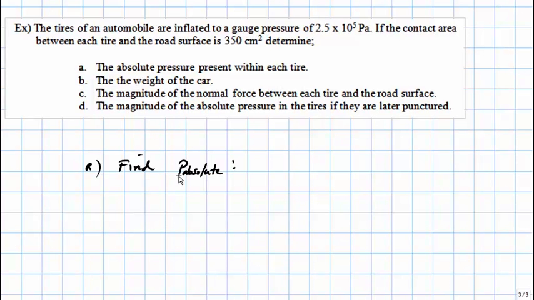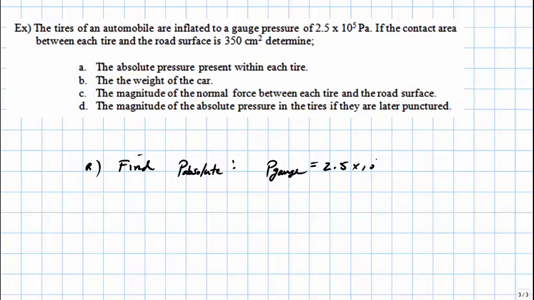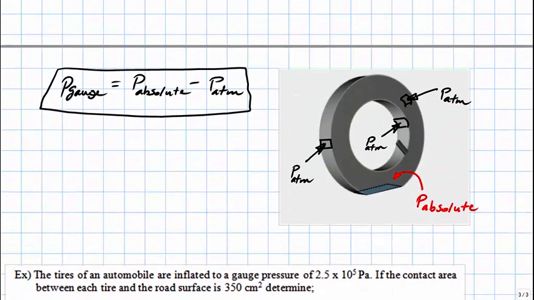In order to find P absolute, let's first of all note that the gauge pressure was given. That value is 2.5 times 10 to the 5th pascals. Also, we established the relationship between absolute and gauge pressure. The relationship states that gauge pressure equals absolute pressure minus atmospheric pressure.